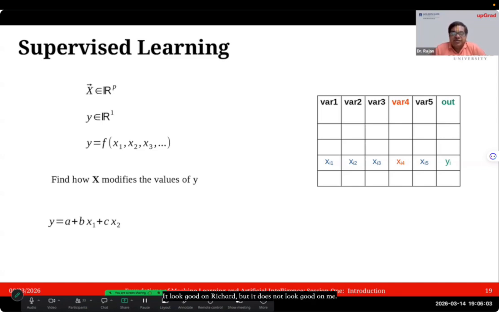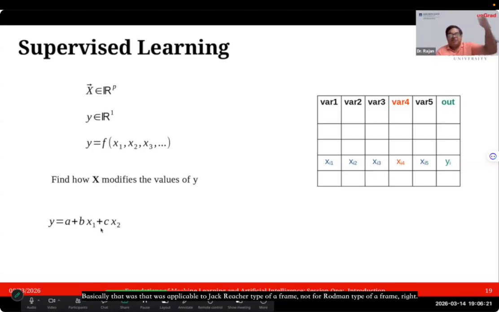It looked good on Jack Reacher, but it doesn't look good on me. That's the exact idea of what models are. Basically, that was applicable to a Jack Reacher type of frame, not for Rajan type of frame, right?